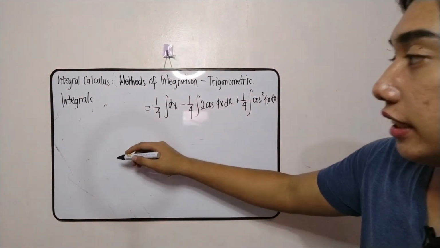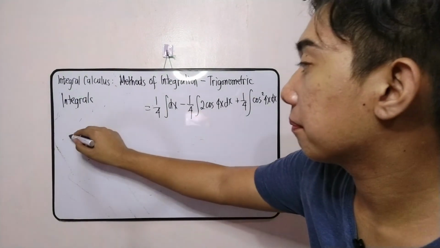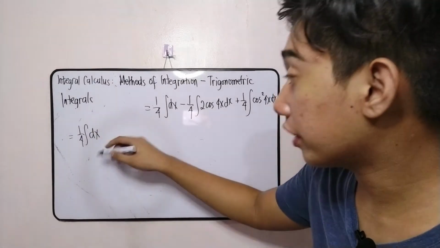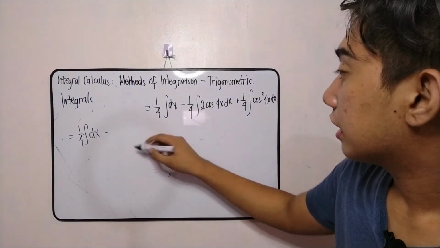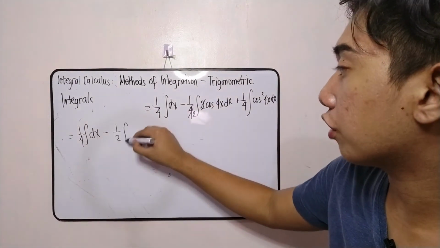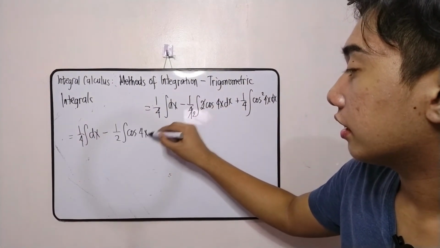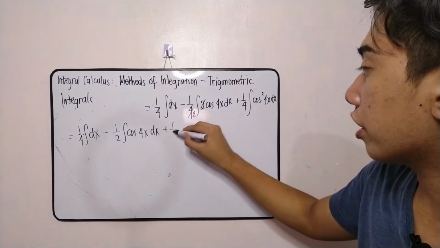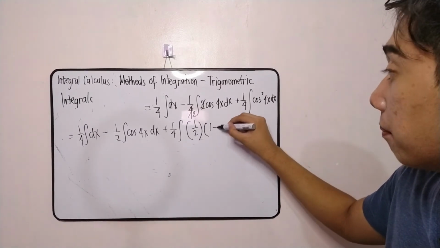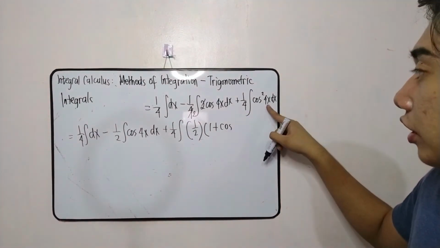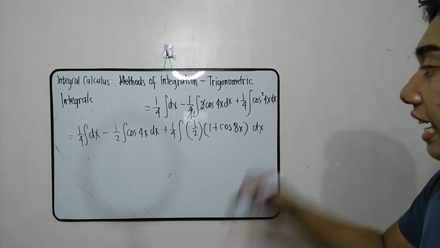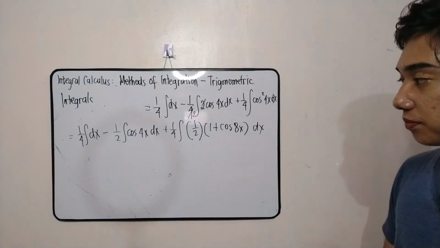So, later na lang yan siya. Sabay-sabay na lang natin ito i-integrate. I will move this one here. So, the integration of 1/4 dx, times cancel, this becomes 1/2. So, 1/2 the integration of cosine 4x dx plus 1/4 times 1/2 times 1 plus cosine, and take note that this is 4x, so this becomes 8x na, dx. Okay?